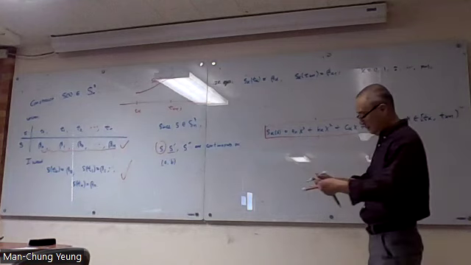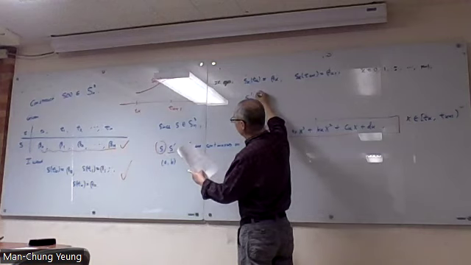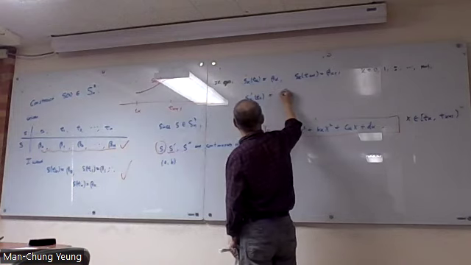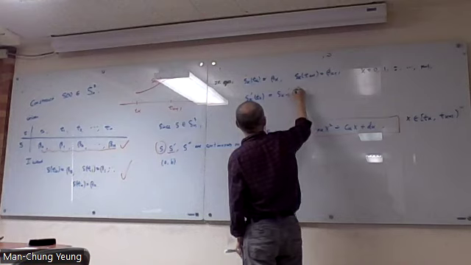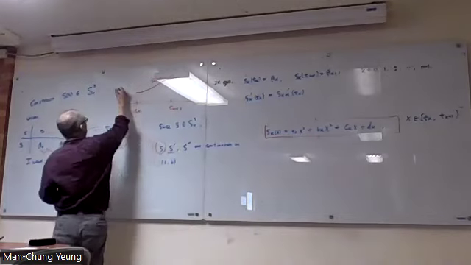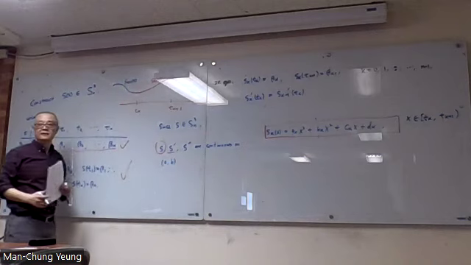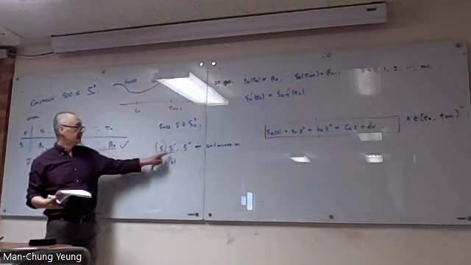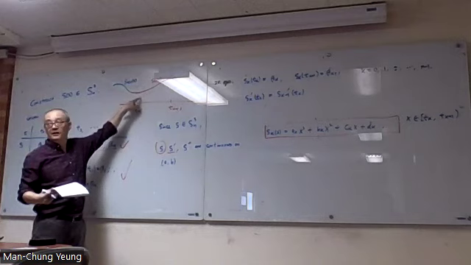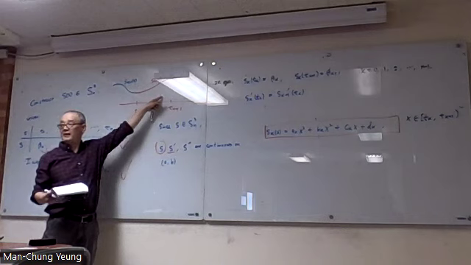You agree? The derivative of S_{k-1} at tk is equal to the derivative of Sk at tk. The derivative is continuous at tk.